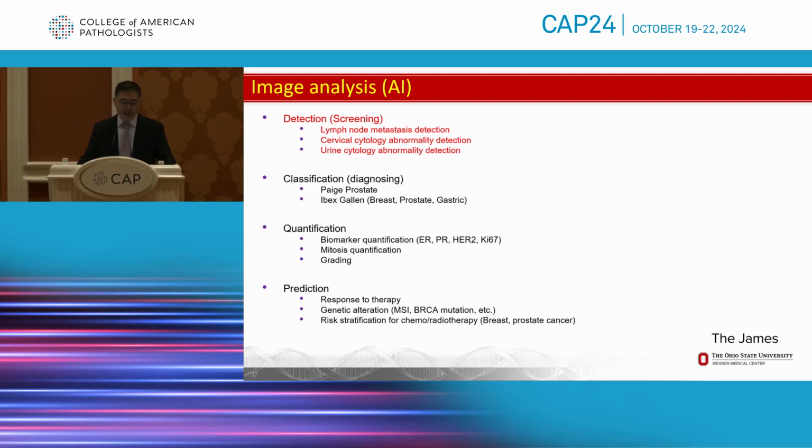Then you can use those tools to predict specific genetic alterations, such as MSI, BRCA1 mutation, or any others. Then you can also predict the long-term risk of recurrence, especially for breast or prostate carcinoma.